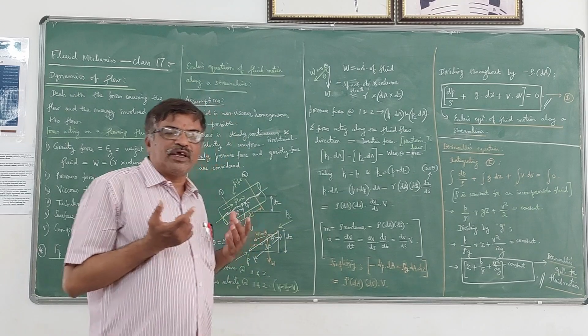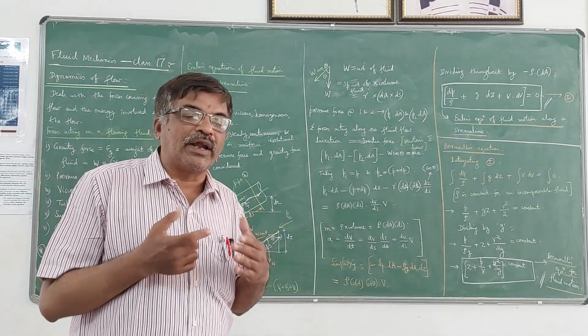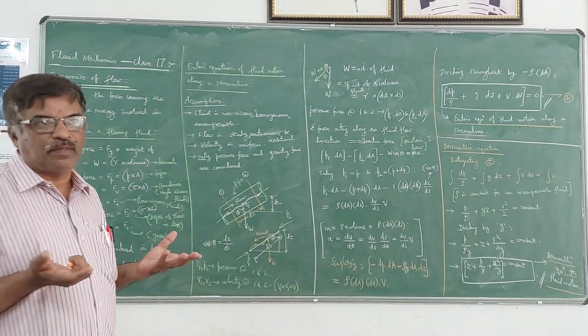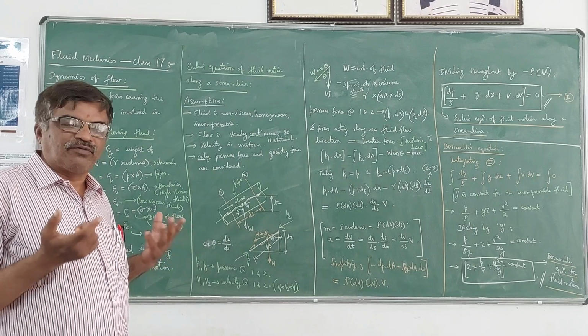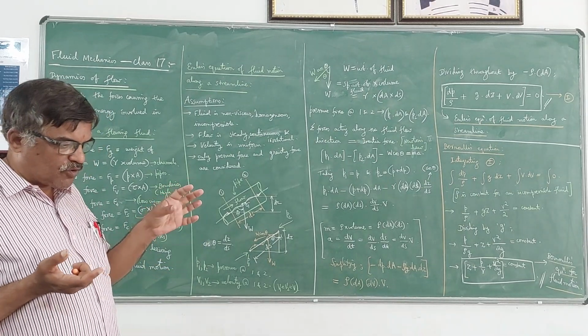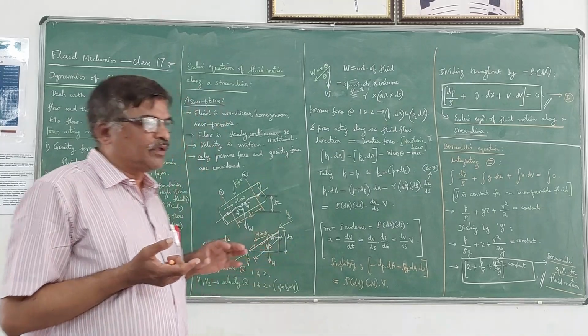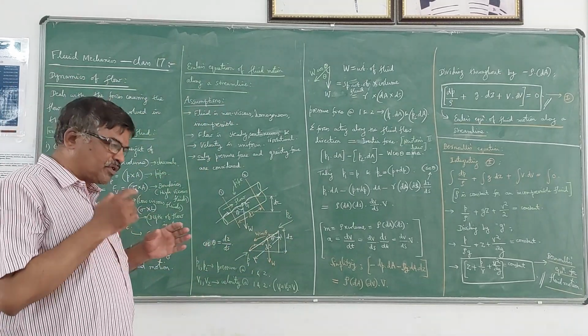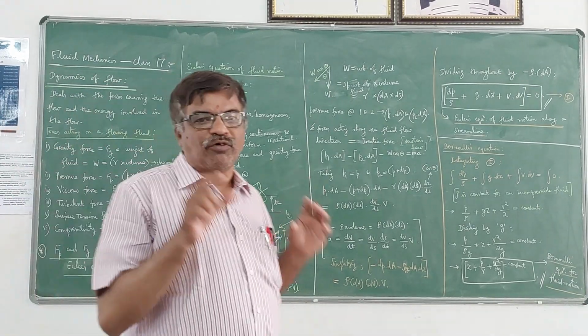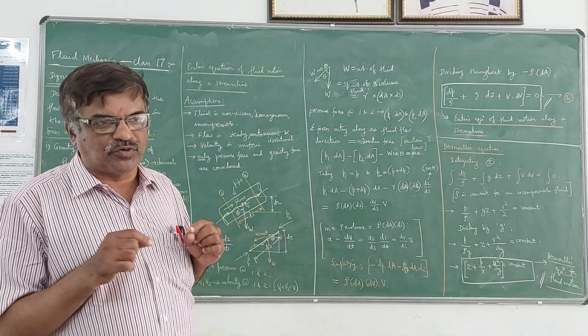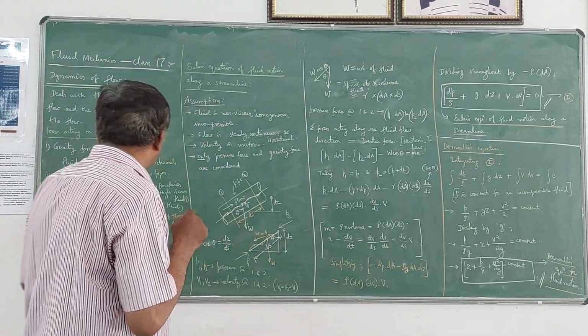Surface force means if the force is acting over an area, for example pressure force. It is an example for surface force because pressure force will be acting over an area. Linear force means suppose if the force is acting along the length of the fluid, for example surface tension force. That is an example for linear force.